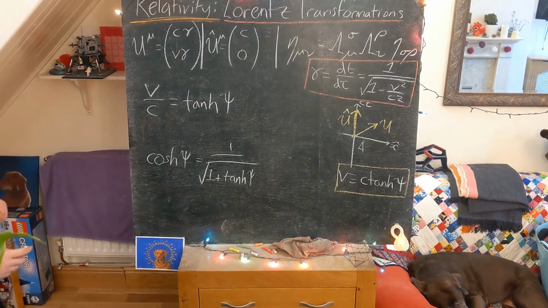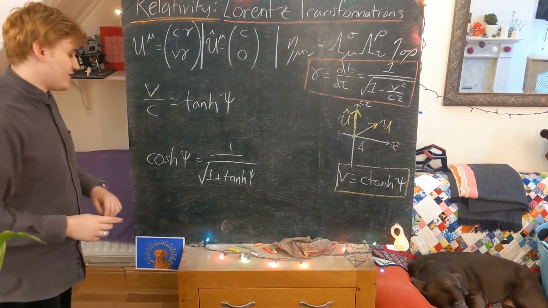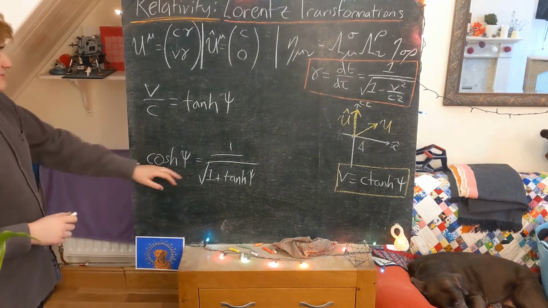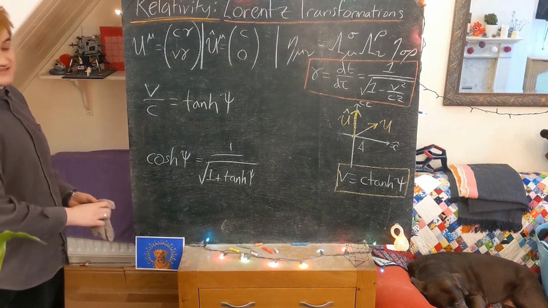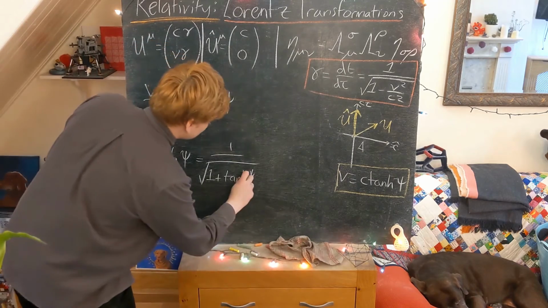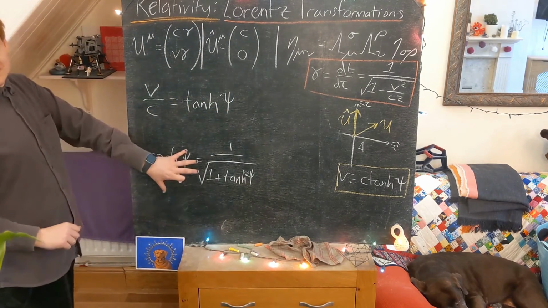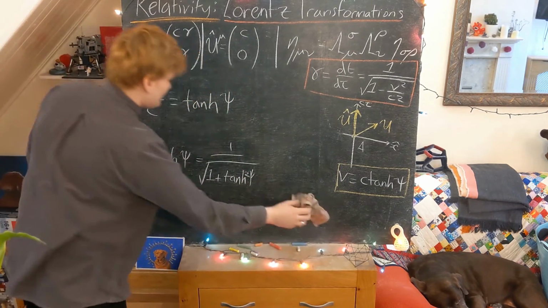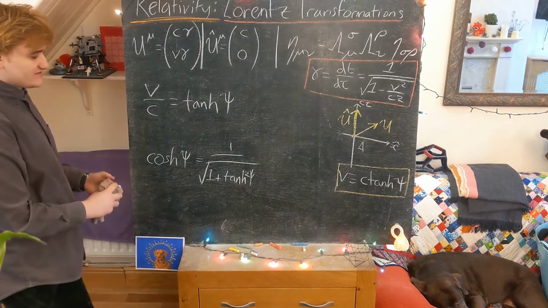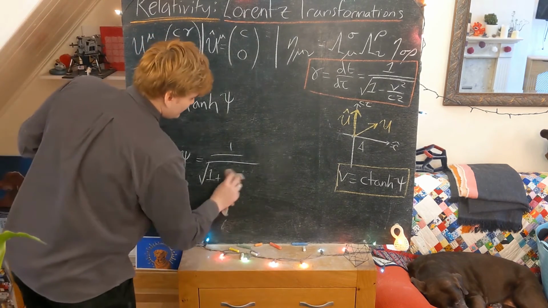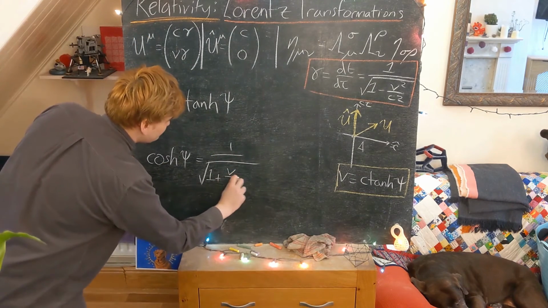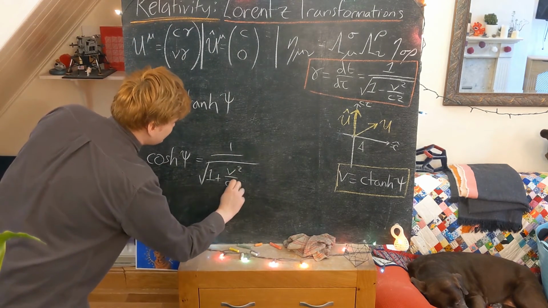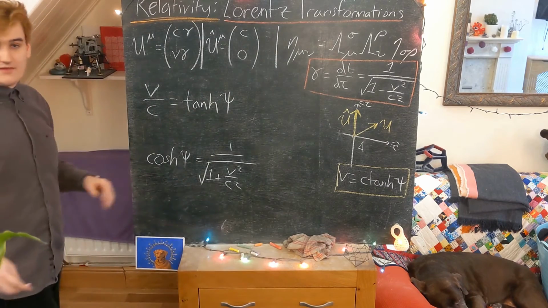This is just an identity. I'm sure you've had lots of fun working with these. But now we can just simply realise, well, tanh of psi is our v over c. Sorry, that's tanh squared. This is just an identity. But now we can realise v over c is tanh psi. And so we can just immediately arrive that the cosh of psi is this v squared over c squared thing.